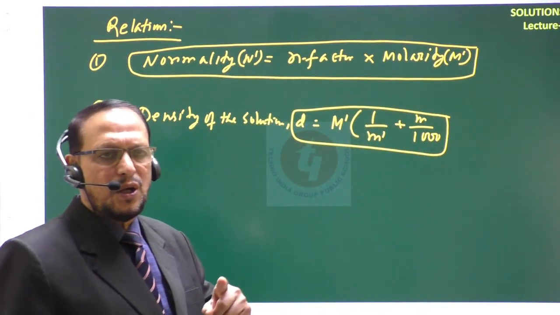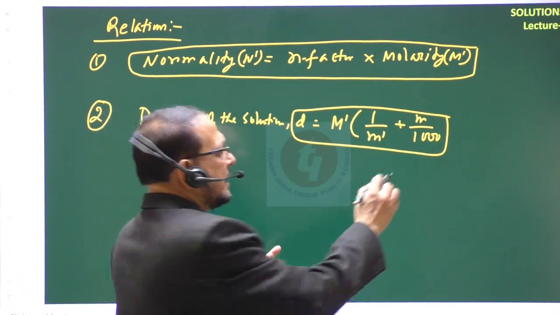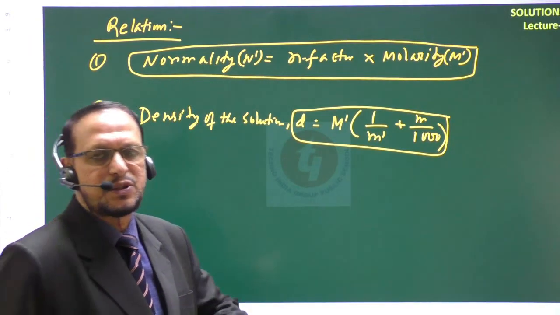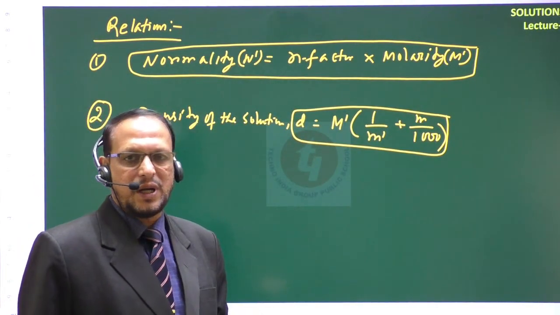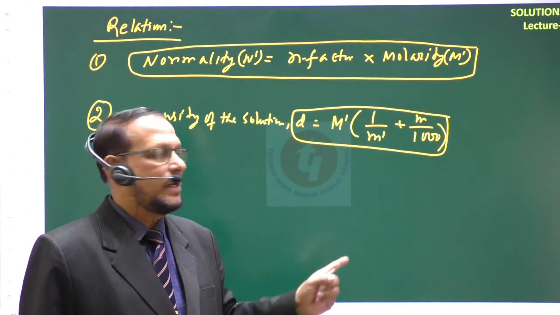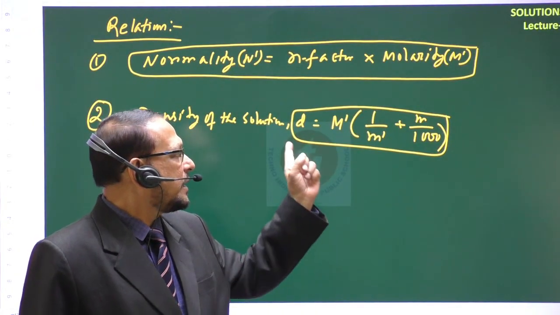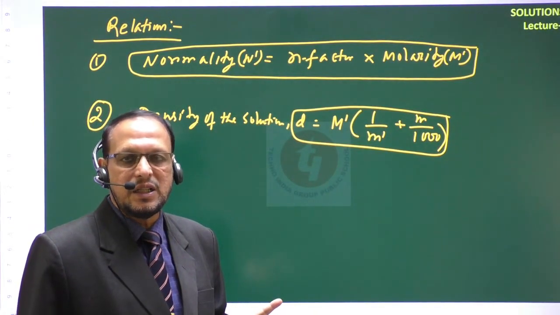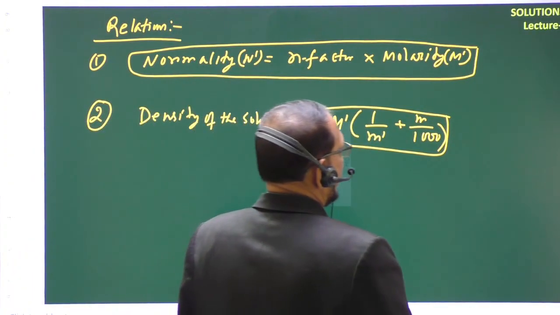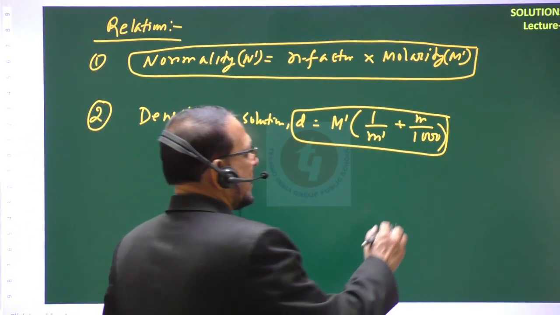How this relation comes, that is your homework I am giving, dear students. We probably learned it in class 11. So once again, find the relation between the density, molarity and molality. This is your homework, and send it to me by email.